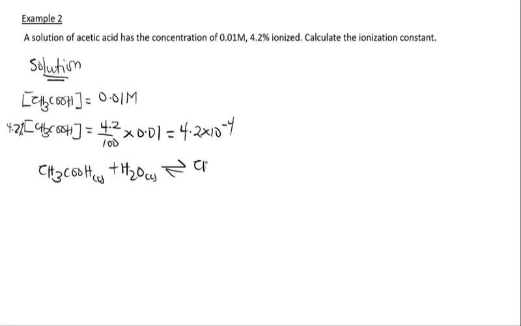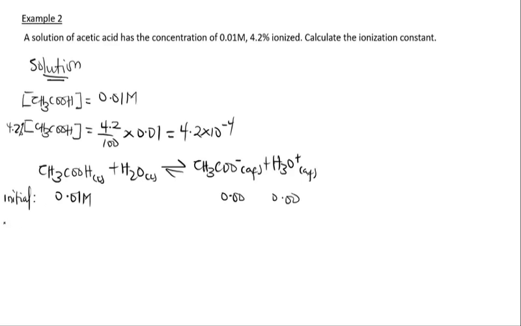Then we have CH3COO-, which is the acetate ion, plus H3O+, aqueous in solution. Now, initially, before the ionization takes place, we have 0.01 molar of the acid, and then 0.00 of this in solution, because it has not yet dissociated.